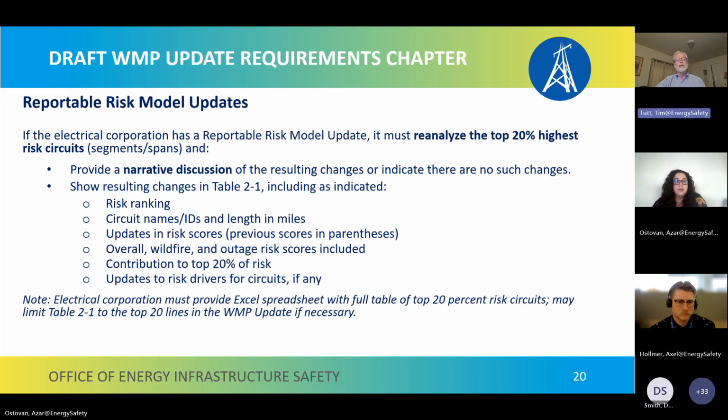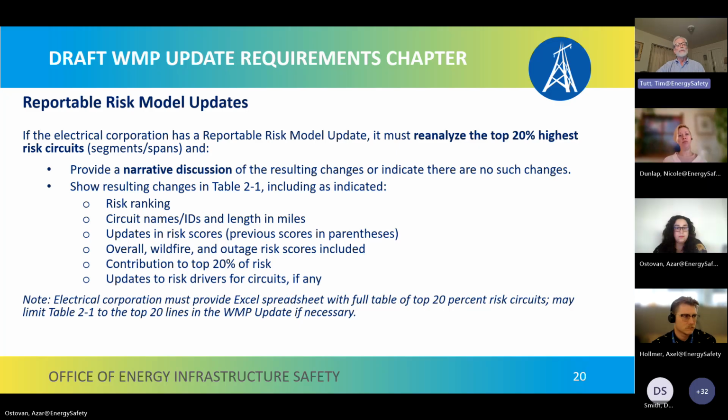So this is a slide related to the reanalysis of the top 20% highest risk circuits. And you'll see the table 2-1 template on the next page. But basically, we want electrical corporations to provide a narrative discussion of the changes in the top 20% highest risk circuits, or indicate that there are no such changes, and show those resulting changes in a table with the template of table 2-1, including the risk ranking, circuit names, IDs, and length in miles, the updates in risk scores, and the overall wildfire and outage risk scores.